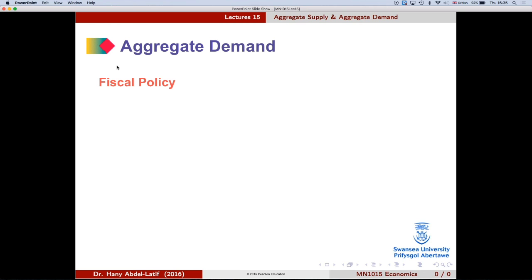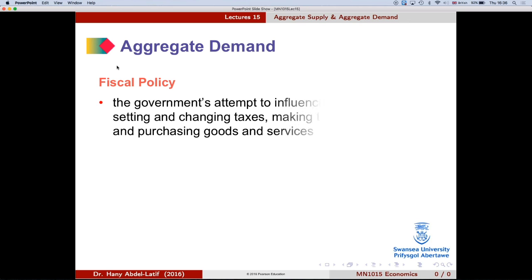This is going to affect the aggregate demand through the impact on consumption. Households will have less money to spend on consumption, and that means the aggregate demand curve will shift to the left. So that's fiscal policy.